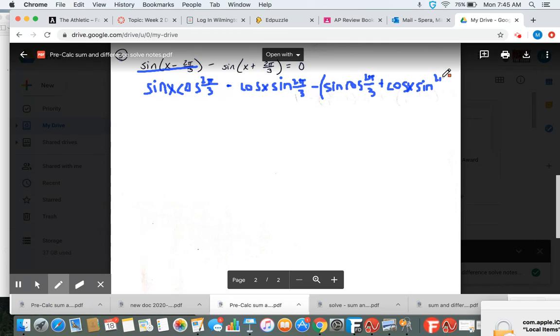So not everything's going to be in the first quadrant. So make sure that when you're thinking about these 2 pi over 3 that we identify what quadrant it is, because we have to be aware of the signs. I'll put the equals 0 in the next step.